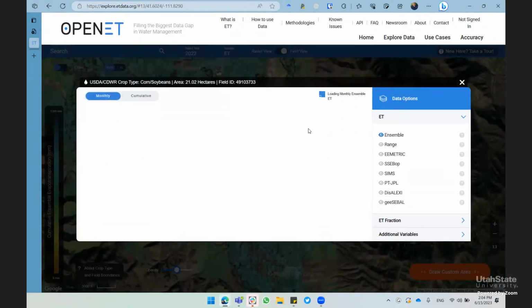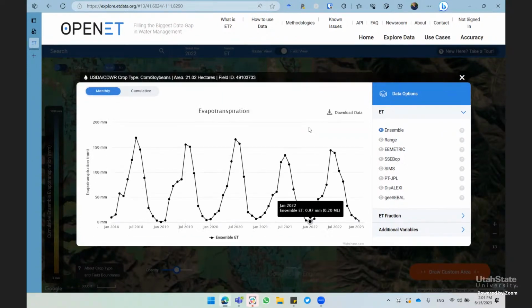Once we click on the field, the website is retrieving the data for that specific field. It will give us average values of monthly data. So this is 2018, 19, 20, 21, until 2023.